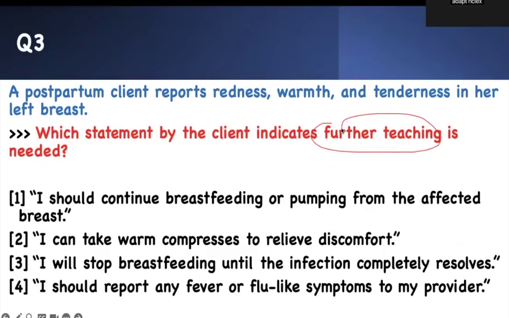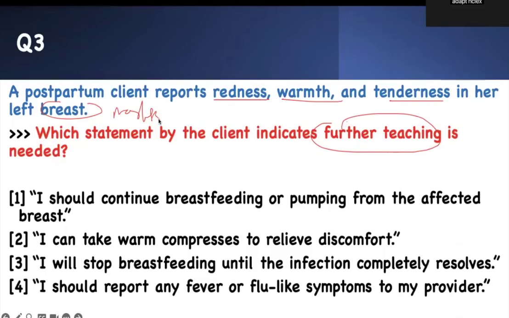Therefore, a postpartum client reports what? Redness, buzzword, warmth, buzzword, tenderness, buzzword, on the breast. A collection of these buzzwords tells me mommy has mastitis. Then bring your content. How do you answer questions on mastitis? Know your content regarding that.